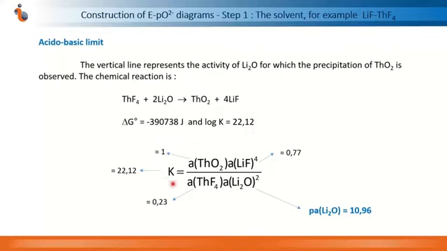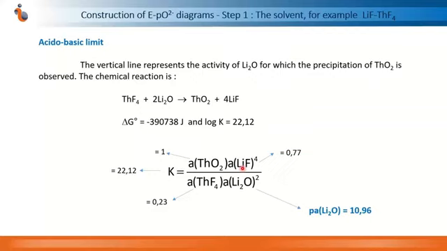The equilibrium constant K is described by this relation in which the activity of thorium oxide is taken equal to 1. We consider that the thorium oxide is in the precipitate form, so it is a solid, and then its activity is equal to 1.